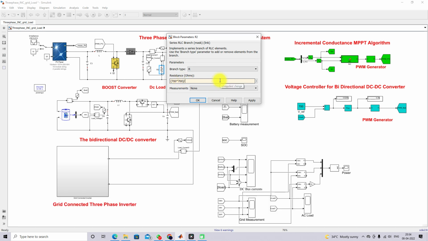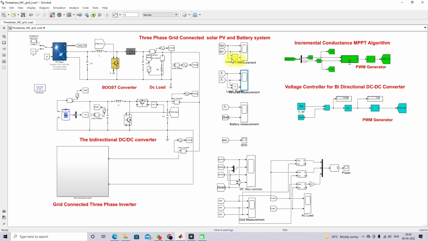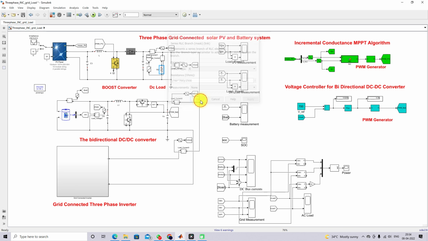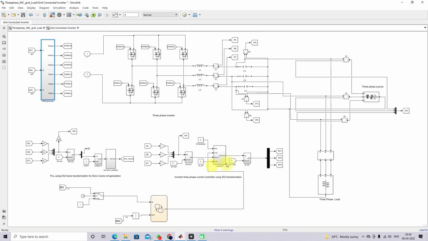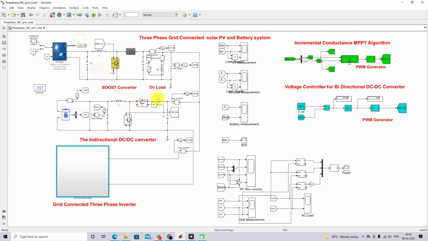Here I am going to fix the power of the DC load as 1500, or else we can take the power of the DC load as 2500. Okay, so here the DC load is 2500. And the AC load is 2 kilowatt, right?